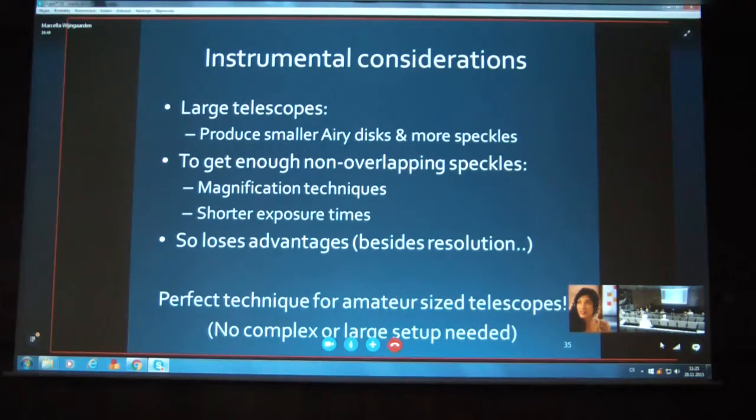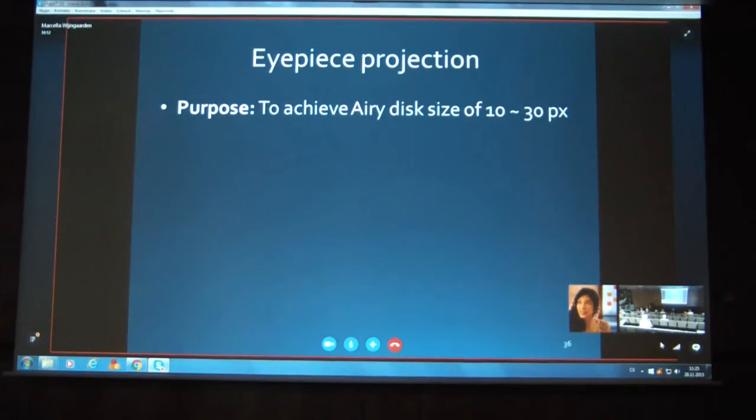You don't need a very large telescope, and you do not need a complex setup. So as I mentioned already, we need enough non-overlapping speckles, and in order to get them, even for amateur-sized telescopes, we can use techniques such as eyepiece projection. It is experimentally determined that it is best to have an Airy disk size of about 10 to 30 pixels.